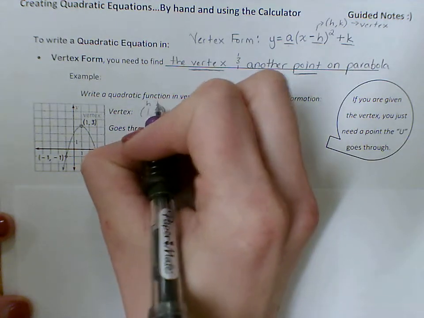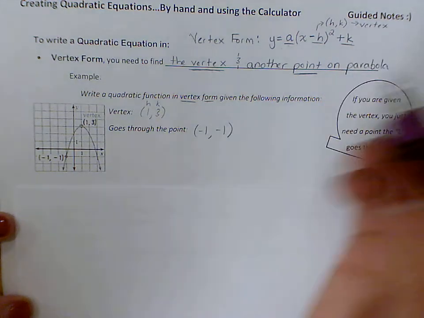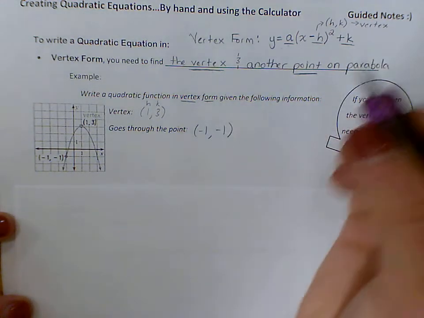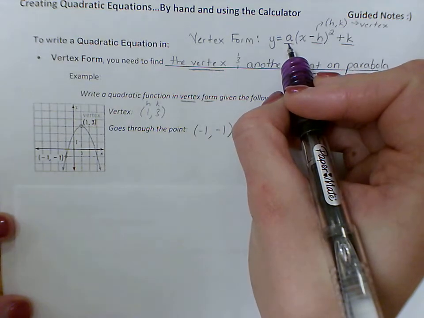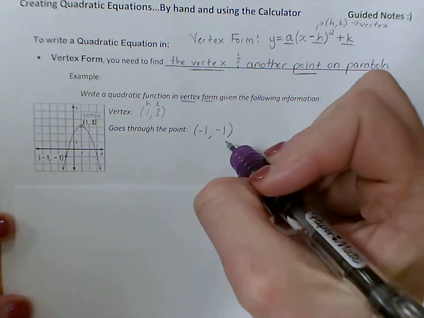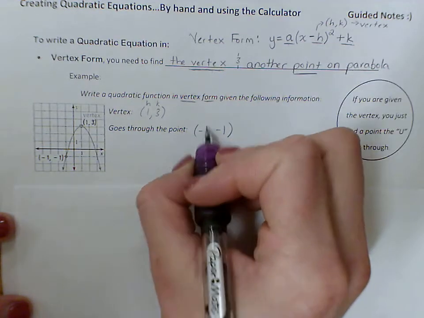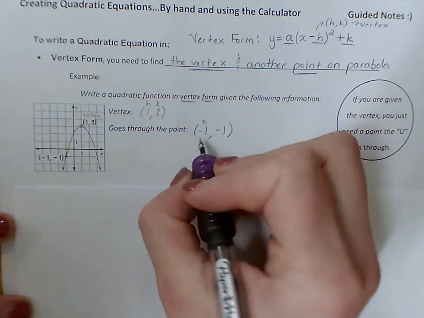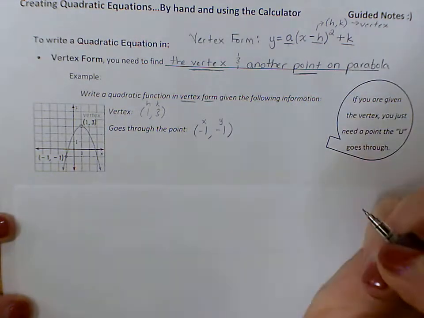The 3 is your k, so that goes where the k is. And now, where does this point come in? We're looking for a. And so you're going to plug this coordinate in for the x and the y. This is your x value, so that goes in for x. And this is your y value, so that goes in for y.